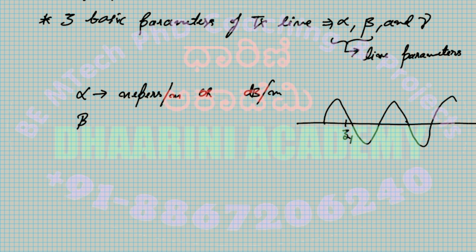Now I add a specific distance, that is the lambda itself. When I add a lambda to that, I get a similar point, but this z1 is now z1 plus lambda because I covered a distance lambda. Whenever you cover this, how much phase shift do you have?